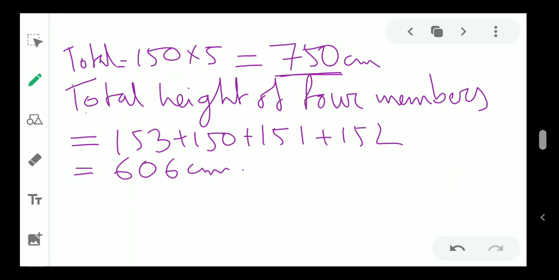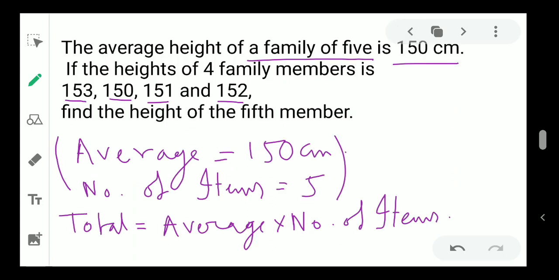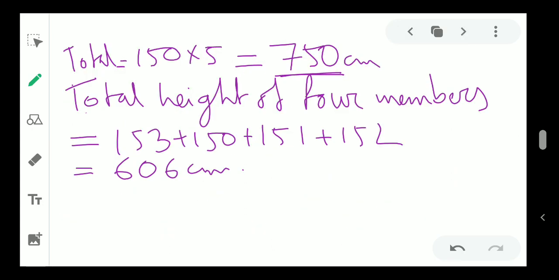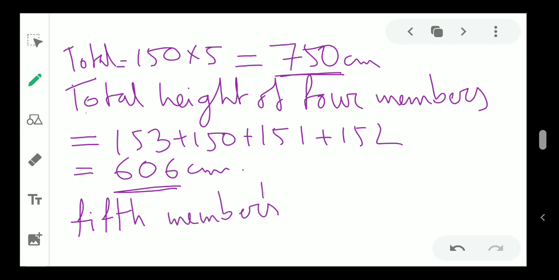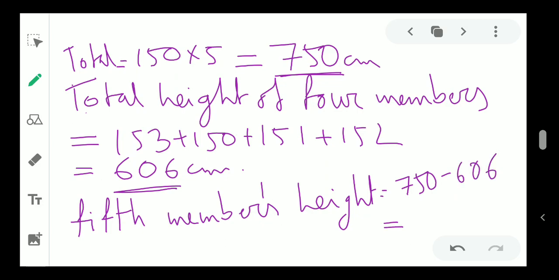Okay, the total has to be this because we have gotten this from the formula, and 4 members are this much. So the 5th member's height is how much? 750 minus 606. You have to subtract it, right, to find out.